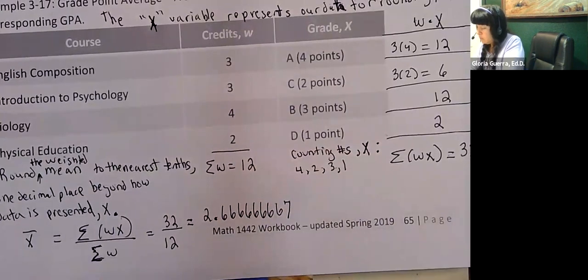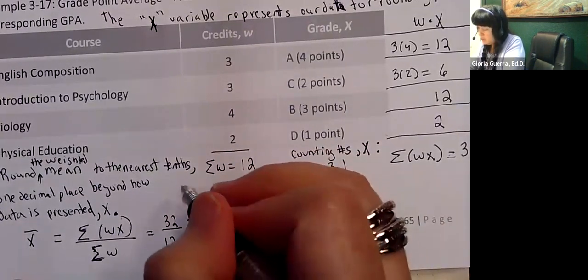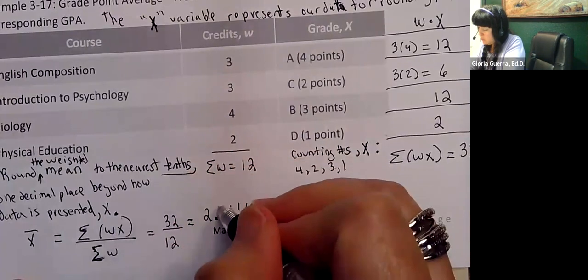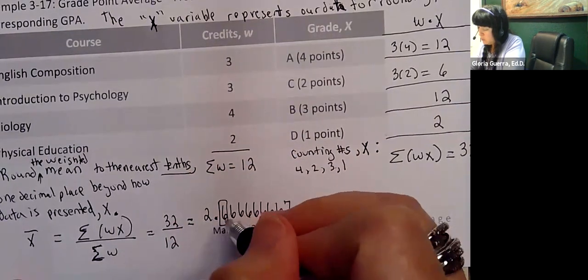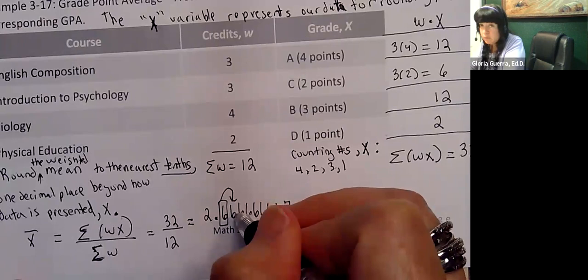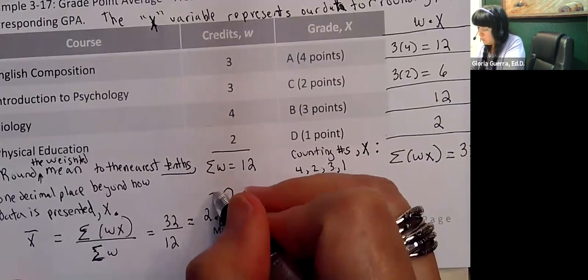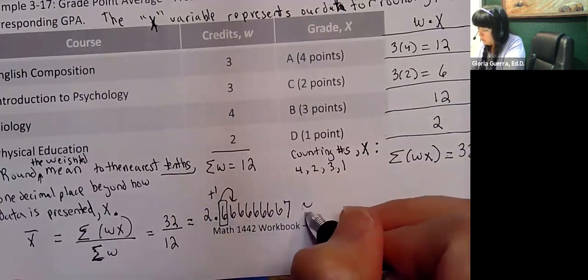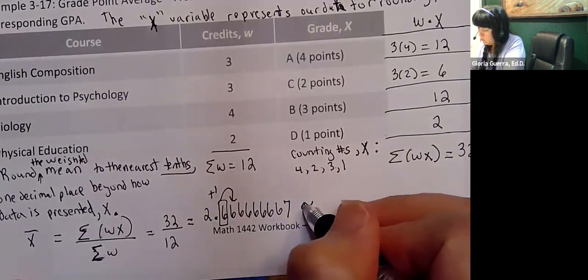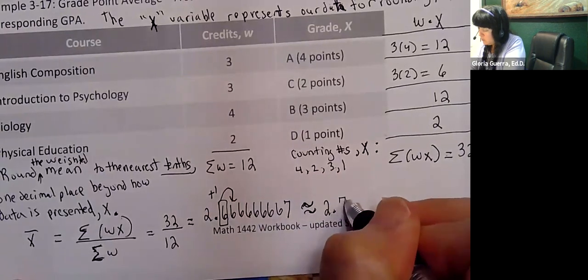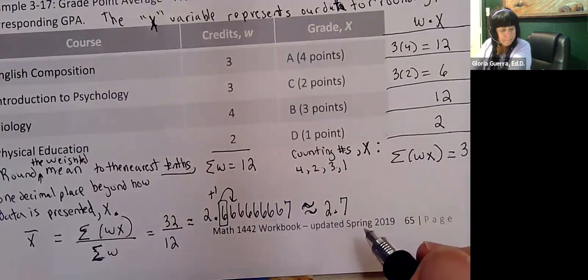And then I'm going to round to the nearest tenths. This is the tenths place right here. Look at the neighbor to the right. Is that 5 or more? Yes. So add 1 to that. So it's about 2.7.